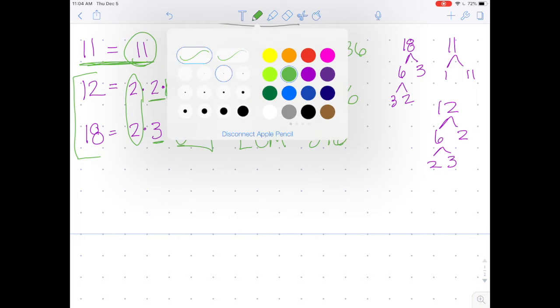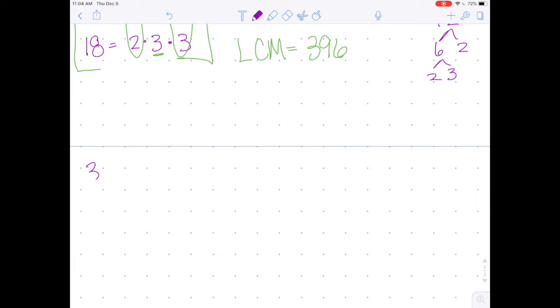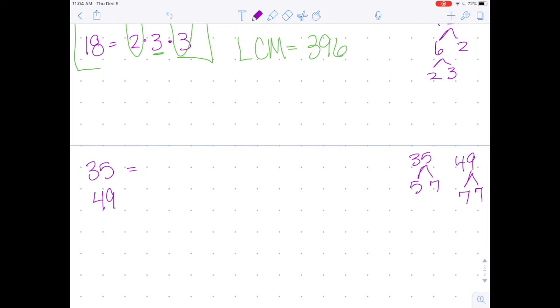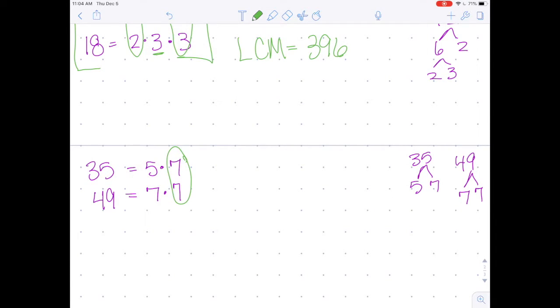Let's try one more example. Let's do this with 35 and 49. 35 breaks down to 5 and 7. 49 is 7 times 7. So 5 times 7 and 7 times 7. So we only have one pair here.